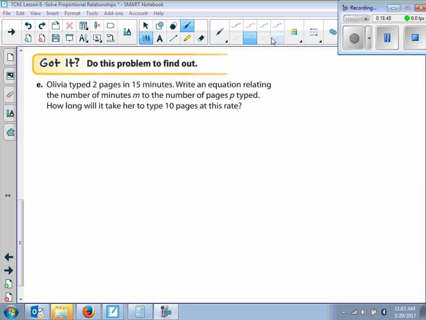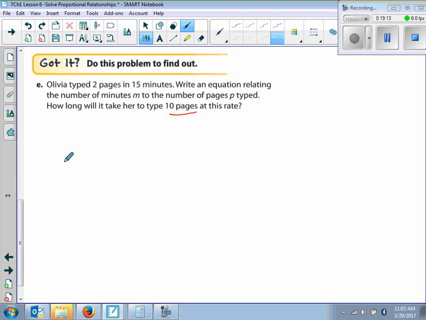Okay, what are we comparing? Pages to minutes. But if you look at the question, it says how long will it take her to type 10 pages in however many minutes, right?